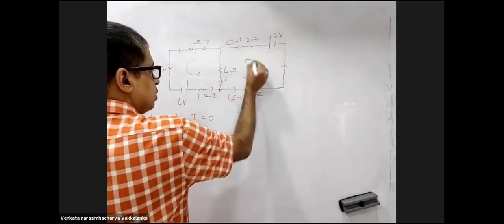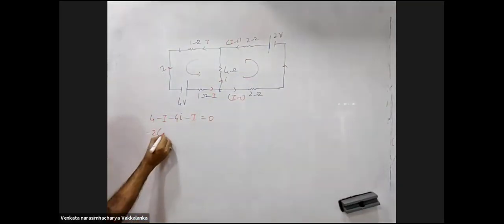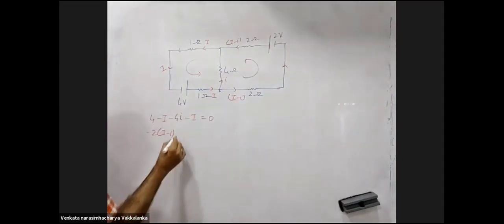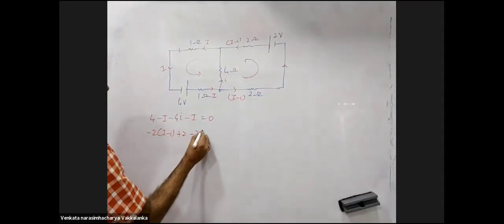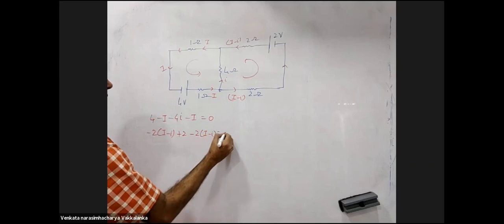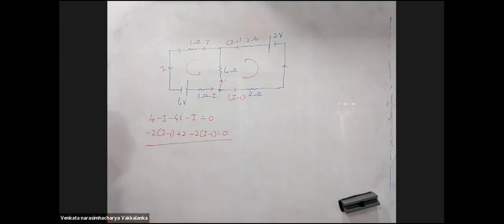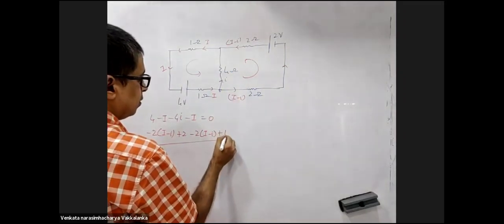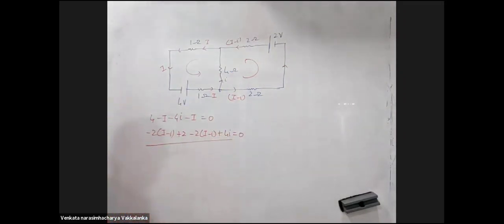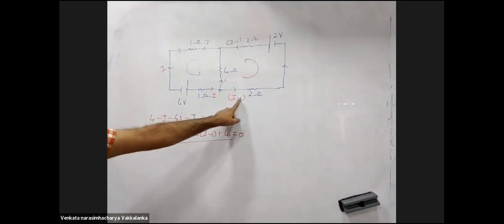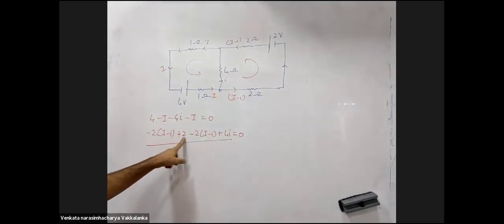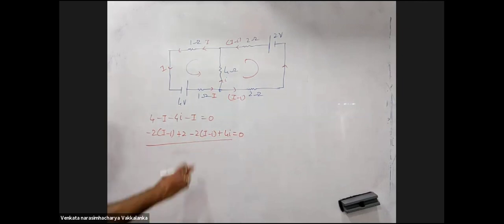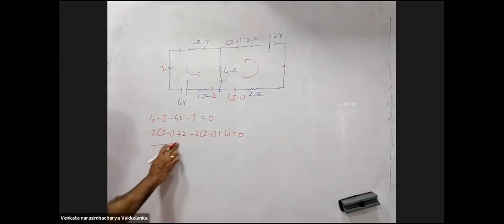Now apply KVL to this loop in the direction of current. 2 into (I minus i), you are touching the negative terminal, plus 2 minus 2 into (I minus i), sorry, plus 4I in the direction of current. Minus 2 into (I minus i) plus 2 minus 2 into (I minus i) plus 4I is equal to 0.